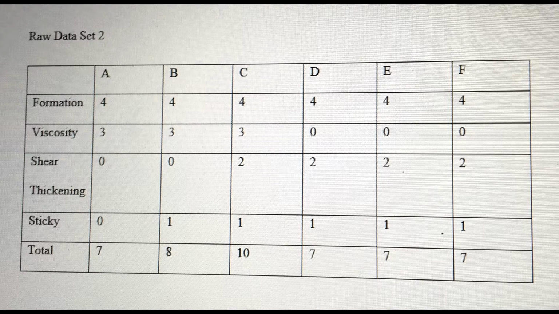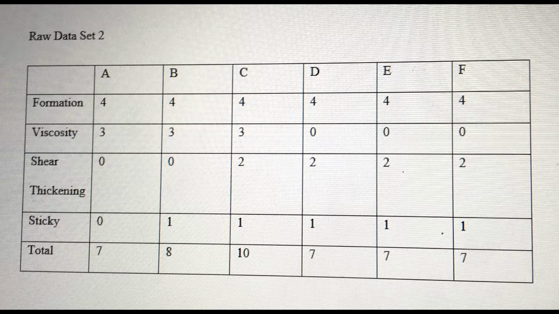It totaled at 7 points. For solution B, with 1/2 of a teaspoon of borax in 1 cup of water, it was awarded 4 points for formation, 3 points for viscosity, 2 points for shear thickening, and 0 points for stickiness. It totaled at 9 points.